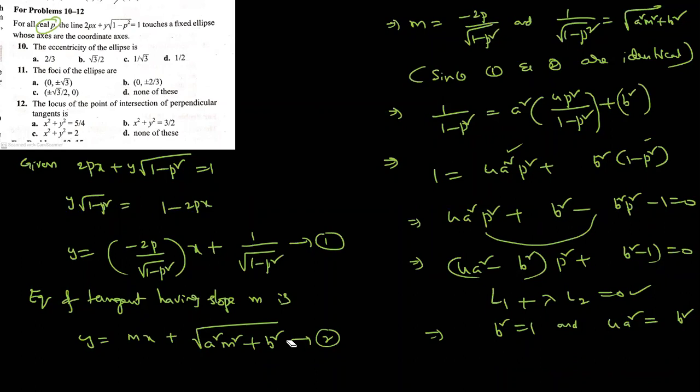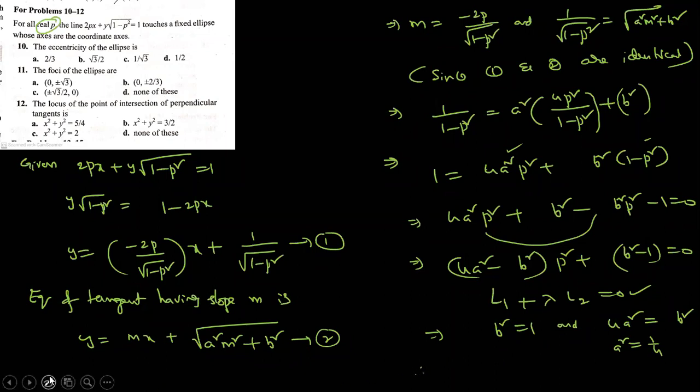Simplify. What is the result coming? So b square is 1, which means what is a square? 1 by 4. Like that, see?